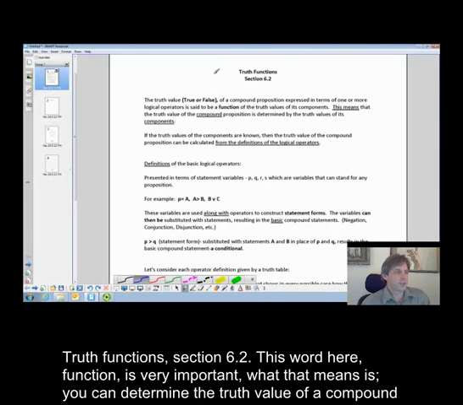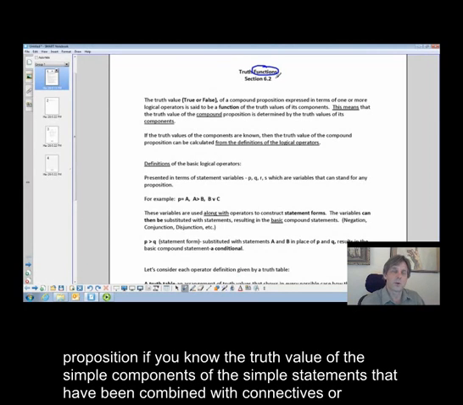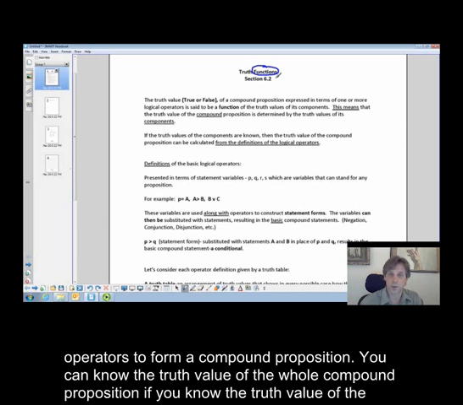Truth functions, section 6.2. This word here, function, is very important. What that means is you can determine the truth value of a compound proposition if you know the truth value of the simple components, of the simple statements that have been combined with connectives or operators, right?